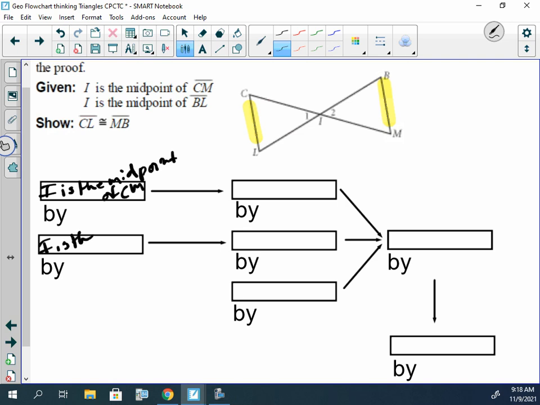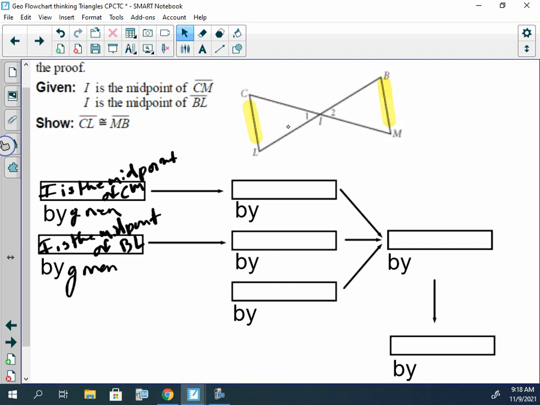I is the midpoint of BL. And this is our given. Luckily, y'all will be able to fill that in a little bit better than I can. Fill it in as best you can, because that's what we have first.